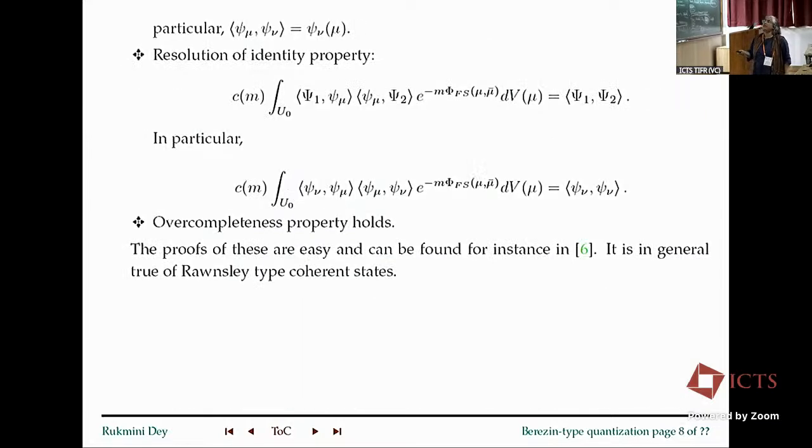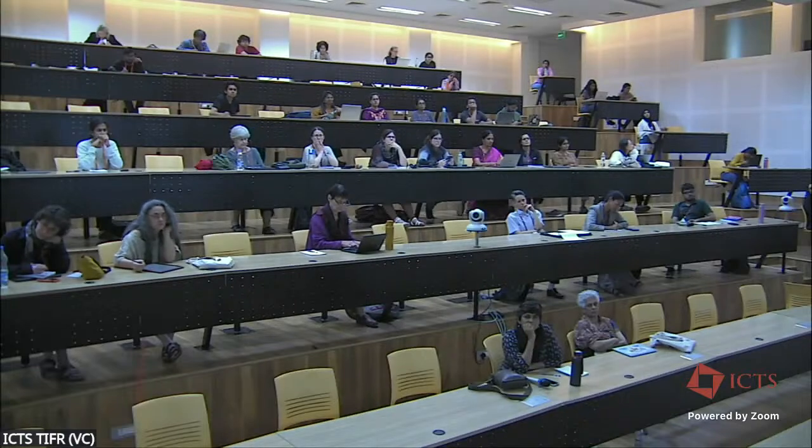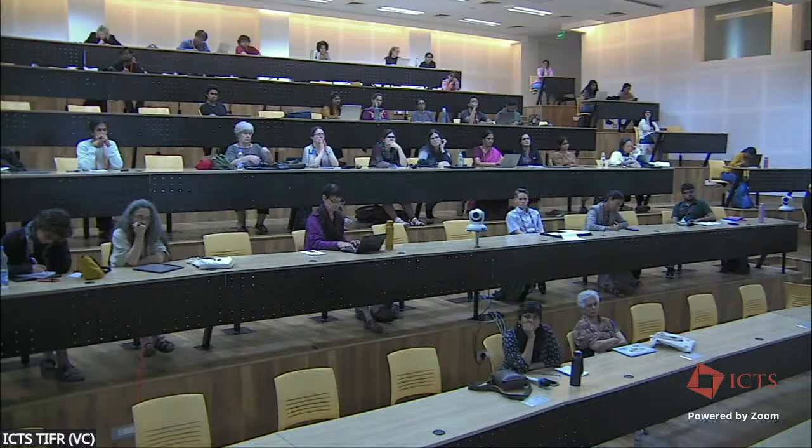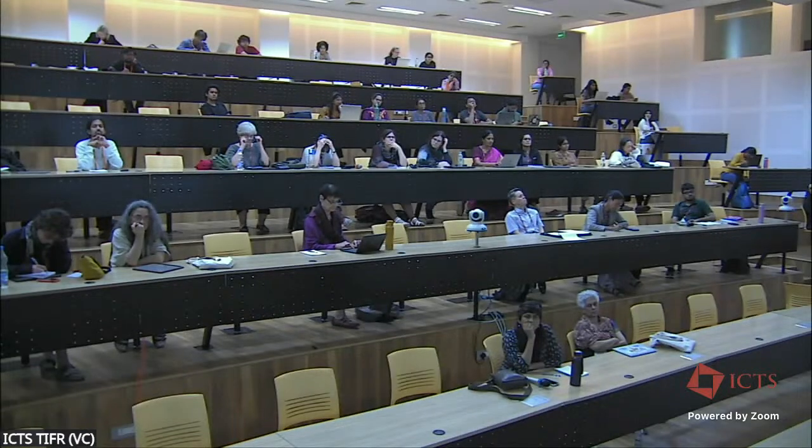In functional analysis, they will call this psi mu the reproducing kernel. In the case of CPN, it's 1 plus mu bar dot mu to the power m. This is psi mu mu, the reproducing kernel for CPN.